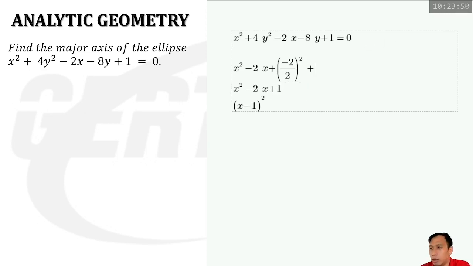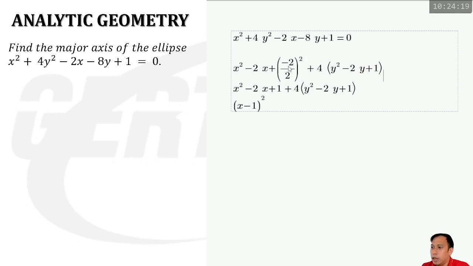Then, 4y squared: we factor out the 4, and the minus 8y becomes minus 2y. Again, we add the same 1, only with a 4.